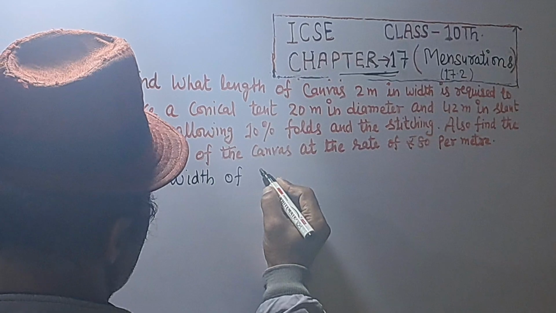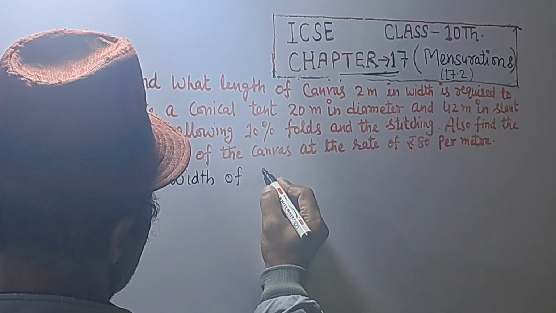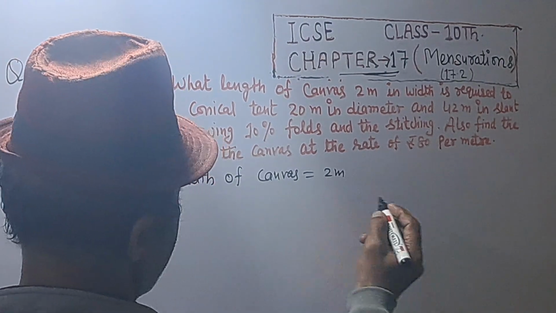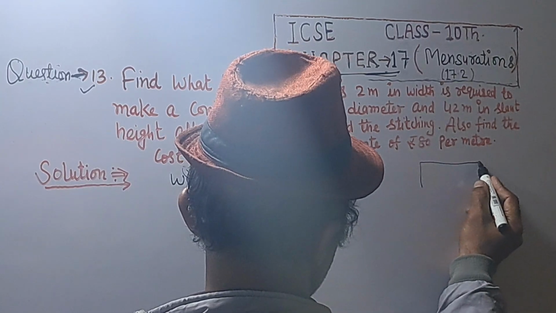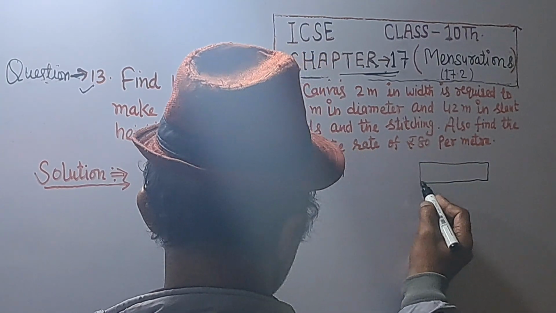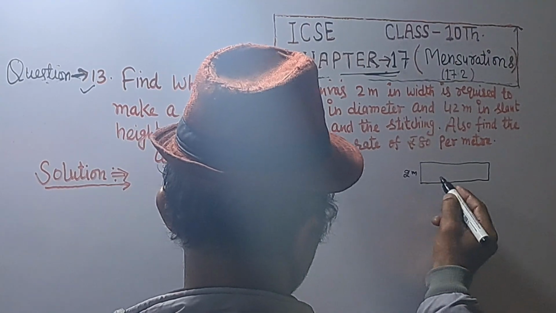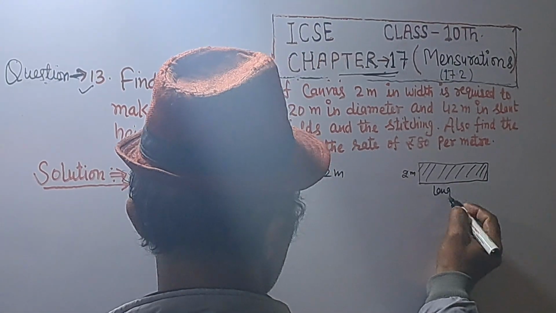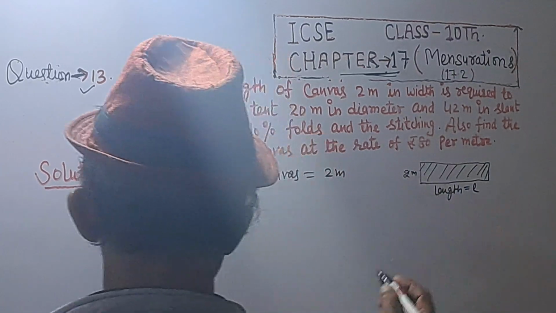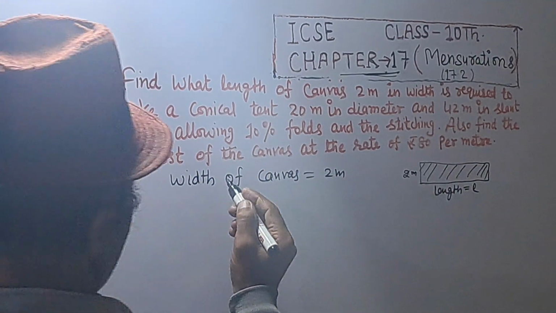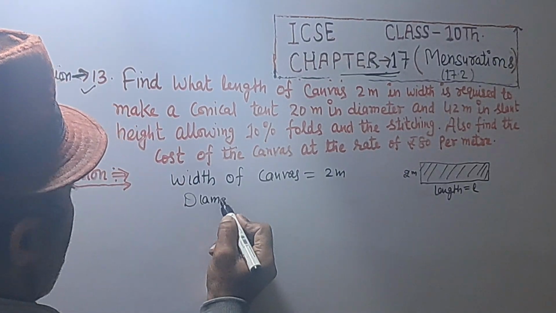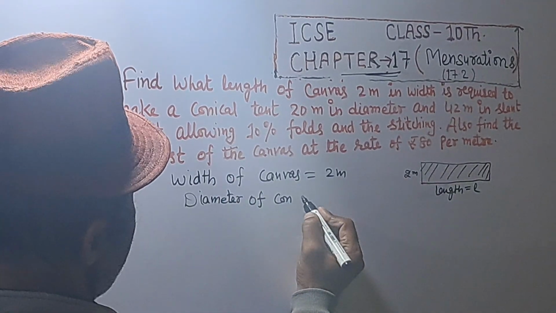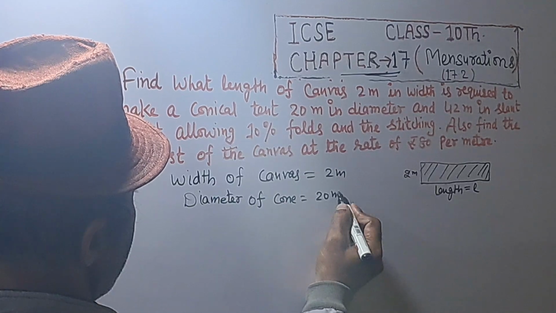Width of canvas equal to 2 meter, and length is equal to L. Diameter of conical tent equal to 20 meter.